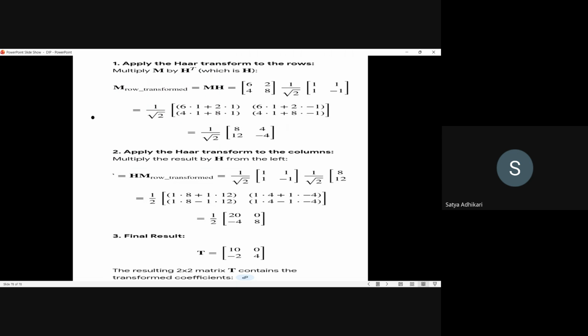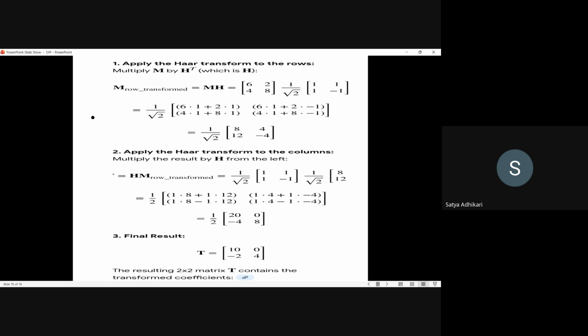MH we have already calculated, then multiply H to the left. So this is the same as H into M into H transpose. As H transpose is equal to H, we have to multiply H into M into H. Already MH is calculated in the first step, so we only have to multiply H to the left of MH.